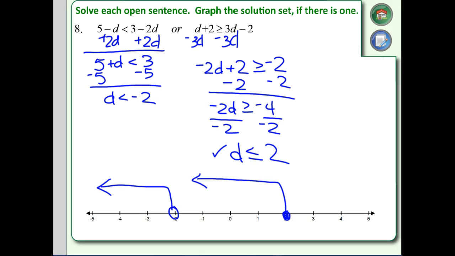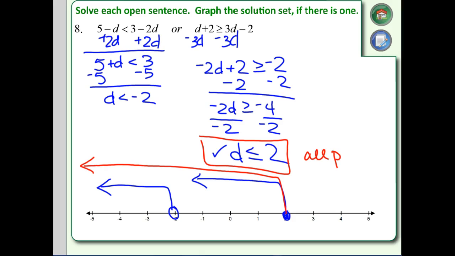Our arrows are going in the same direction, but remember, for disjunctions, we want all possible answers. So if you notice, this one is going to actually overtake that one, and so our answer to this inequality is going to be d is less than or equal to 2, because we want all possible answers when we're working with a disjunction.